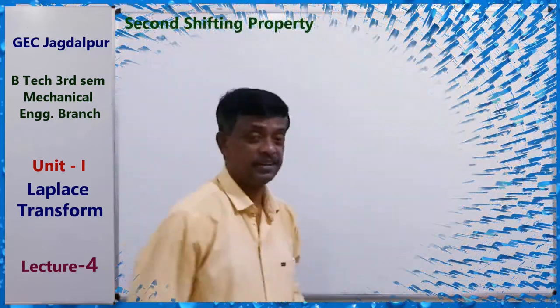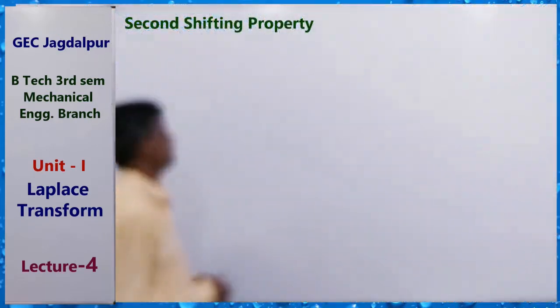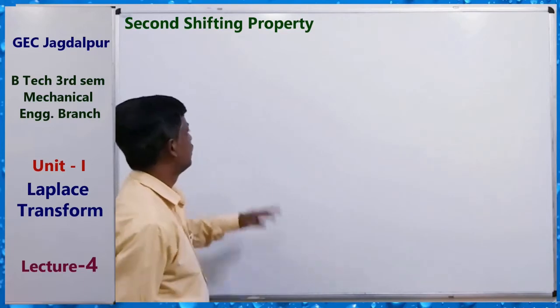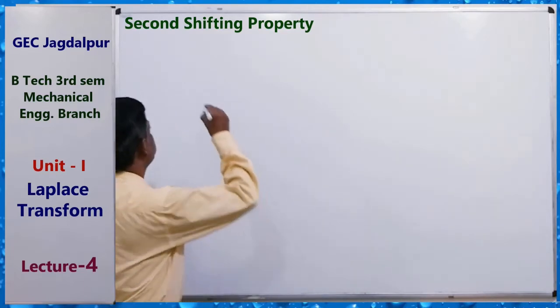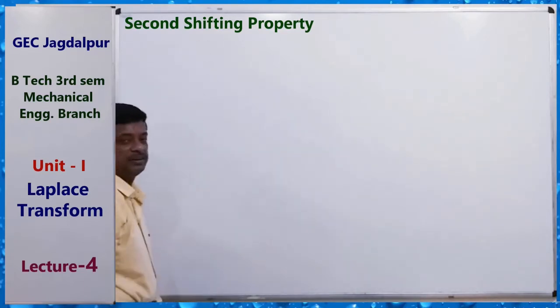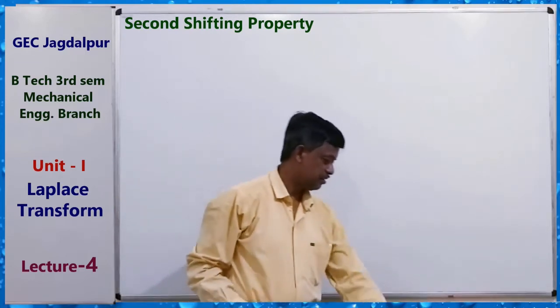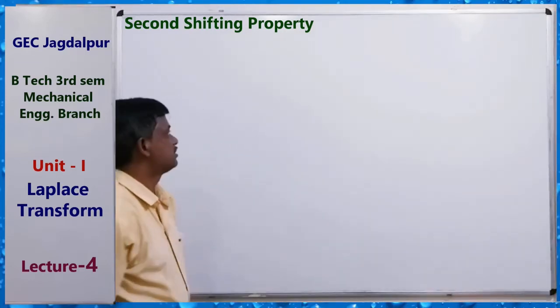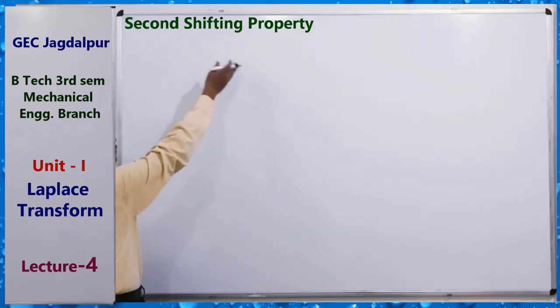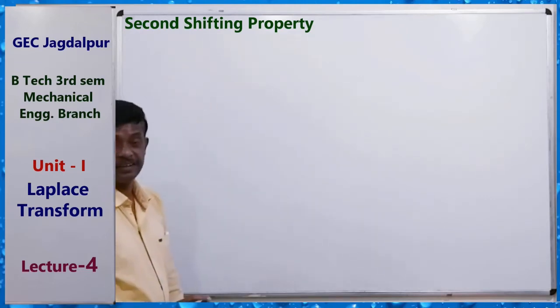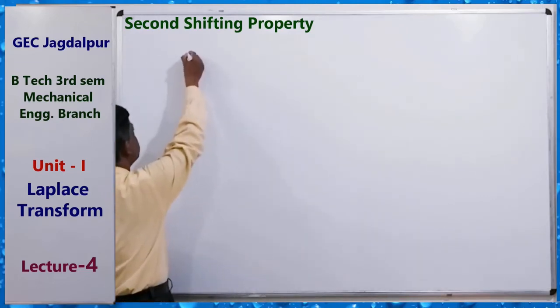Now take questions. Now first of all, the second shifting property, related to unit step functions. Clear?